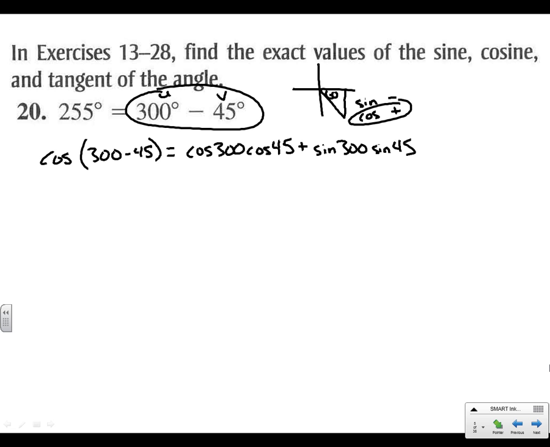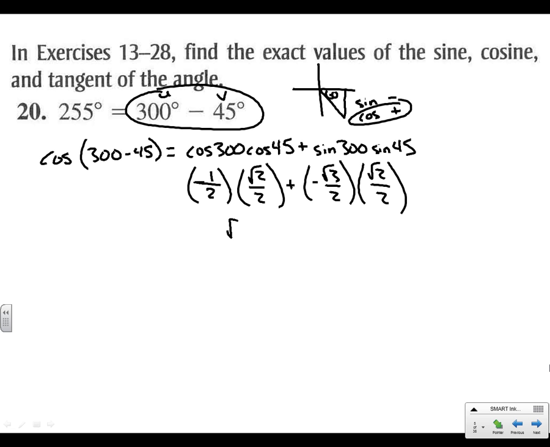We just need to put them into the right spots. 1/2 times root 2 over 2 plus negative root 3 over 2 times root 2 over 2. Final answer, root 2 minus root 6 over 4. Go ahead and erase this and do tangent.